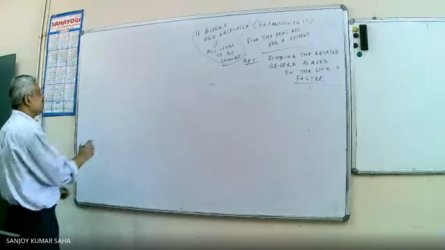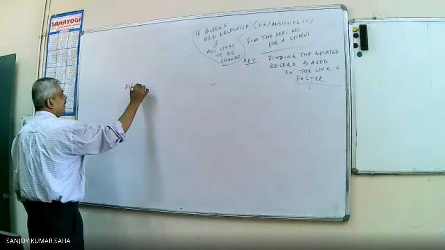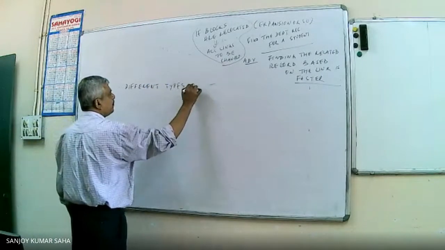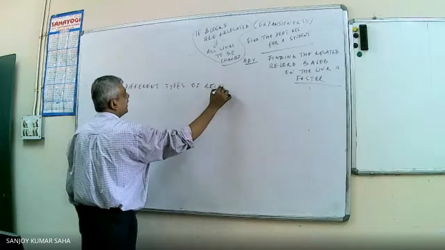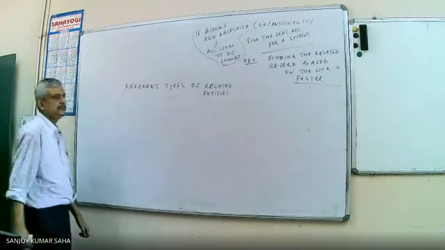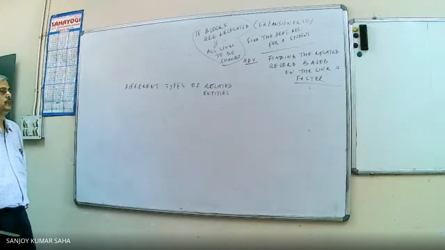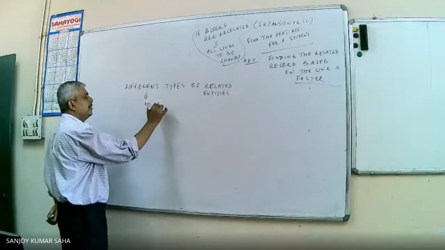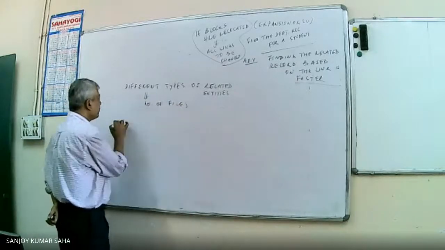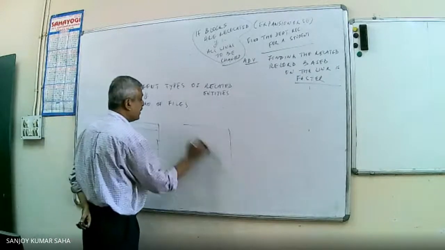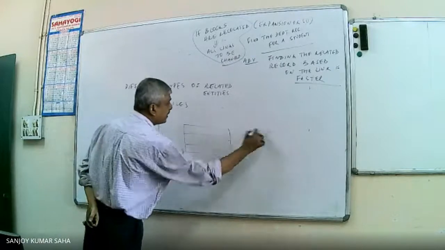Say there are different types of related entities. So there will be a number of files. Maybe this is one type of entity, another type of entity, another type of entity.